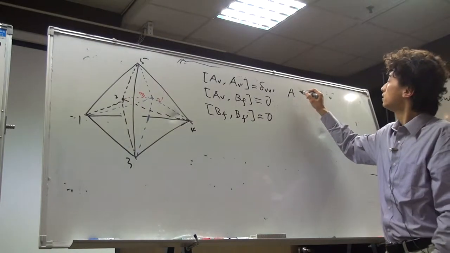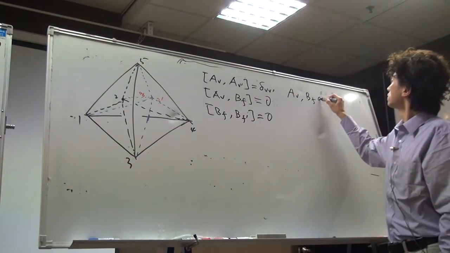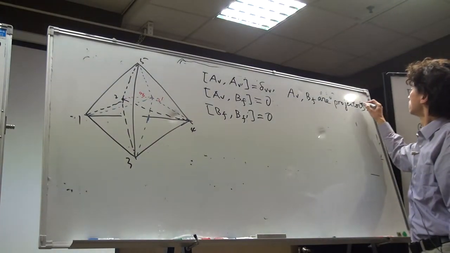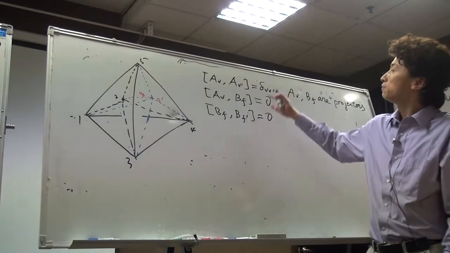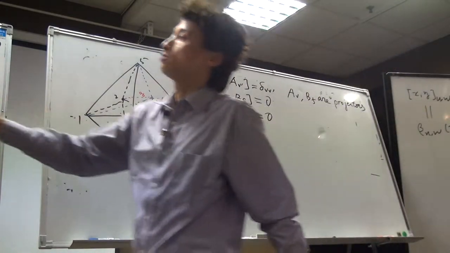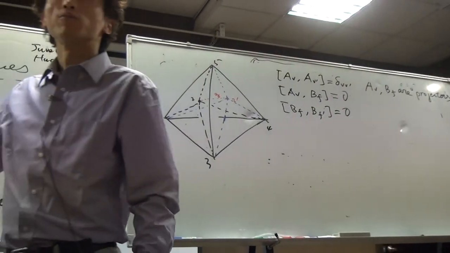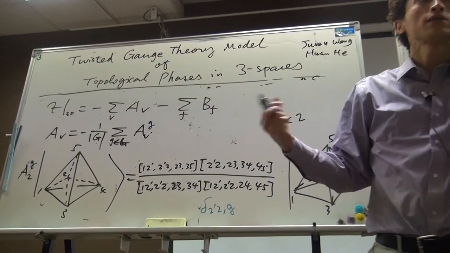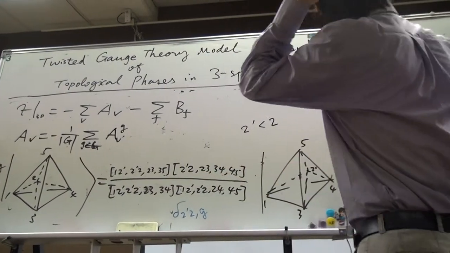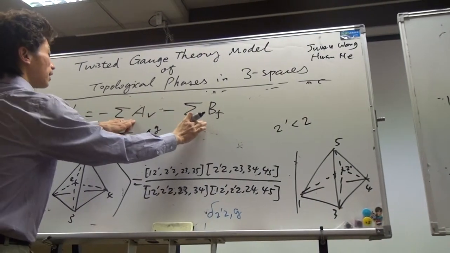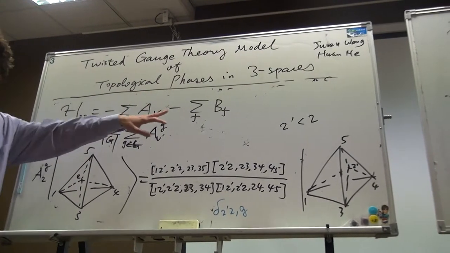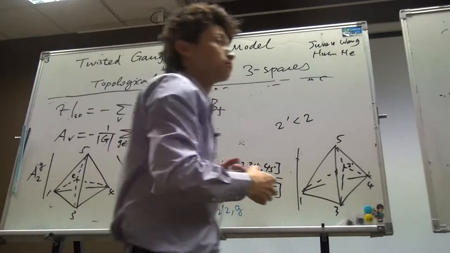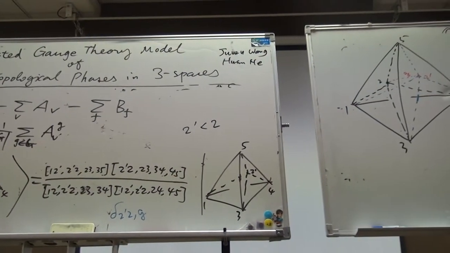Most importantly, this AV and BF are projectors. Because of these commutation relations, this model turns out to be exactly solvable, because you can just find the common eigenstates of these operators. That solves the model exactly. The ground states of this model will be the common +1 eigenstates of these projectors, the AVs and BFs. Those are the ground states.